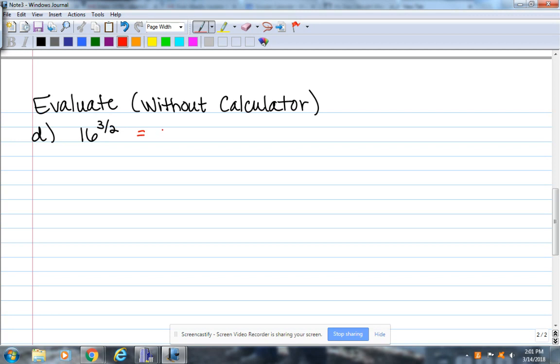So that's a 2 in the denominator, so we're going to take the square root of the big number. And then we're going to raise the whole thing to the numerator. So let me color code them. This goes here, and this goes here.